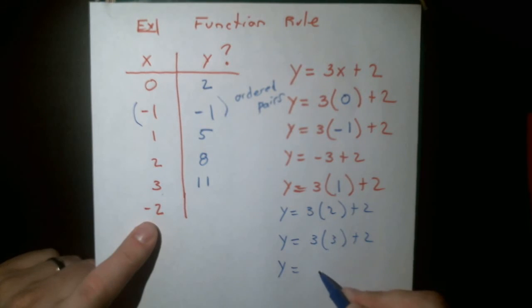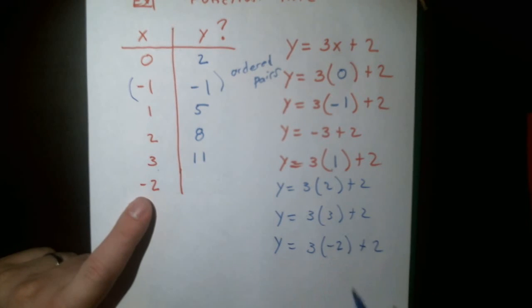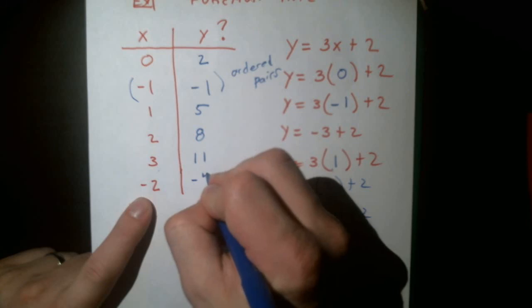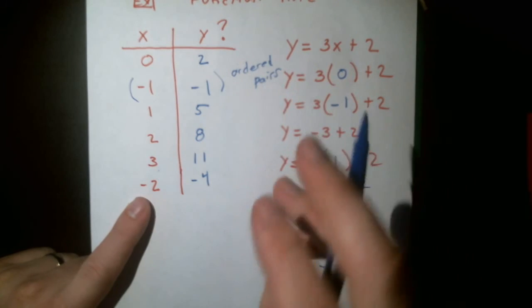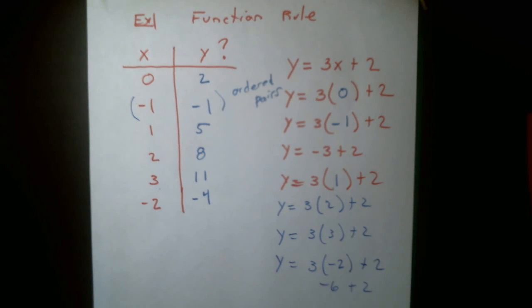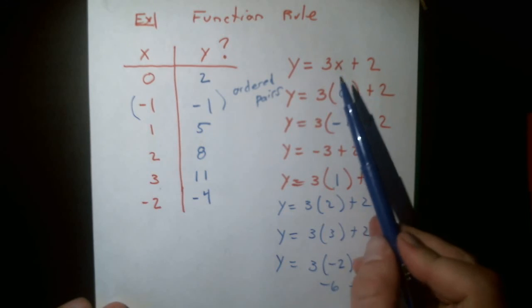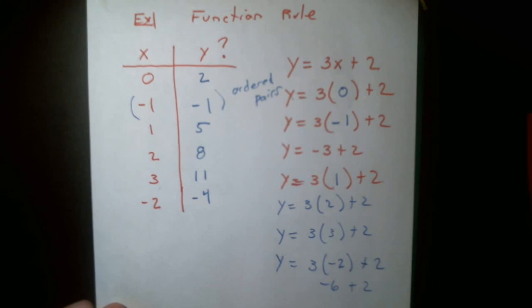Y equals 3 times -2 plus 2. Well, 3 times -2 is -6 plus 2. -6 plus 2 is -4. There's all your outputs. So this is what we call a function rule. You put in the inputs for your x, you get an output in your y's.